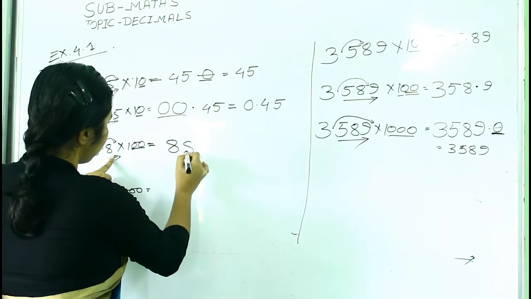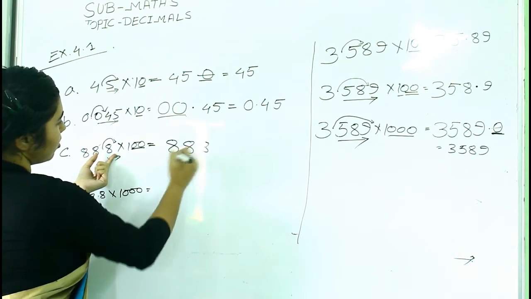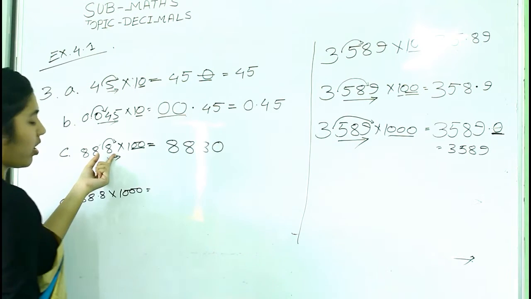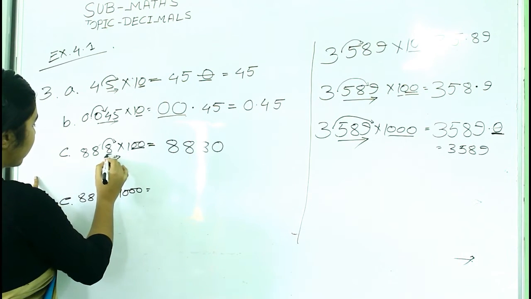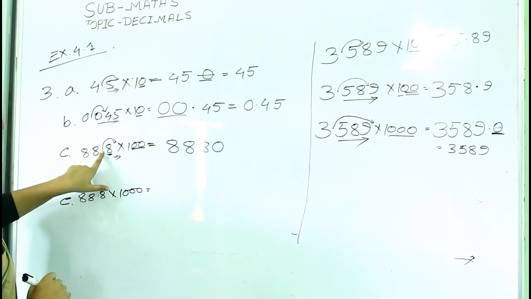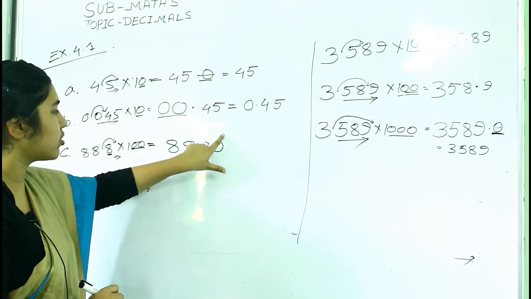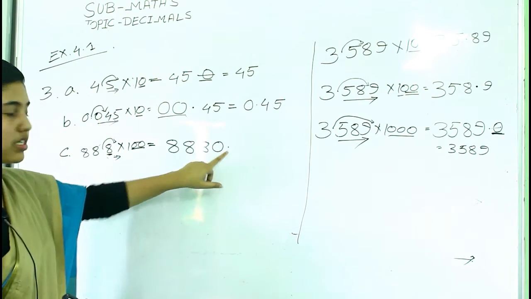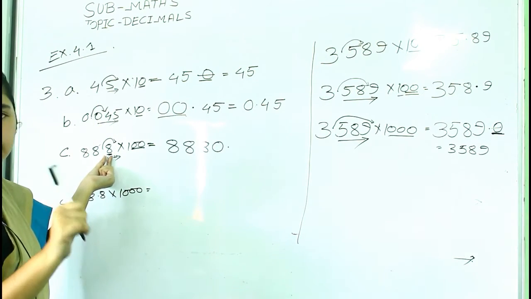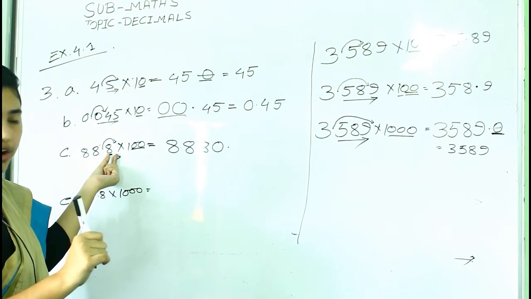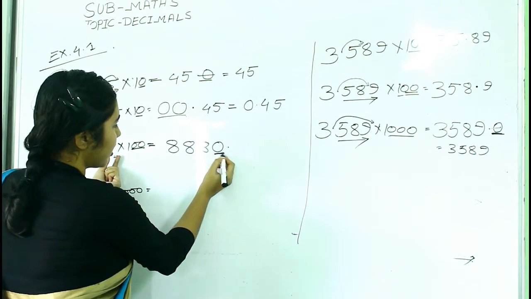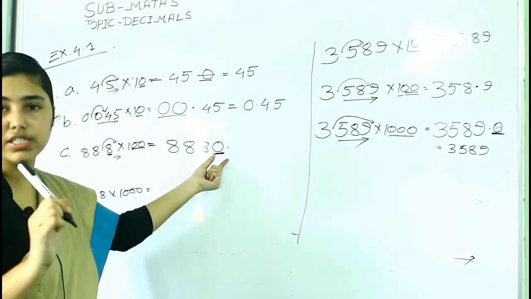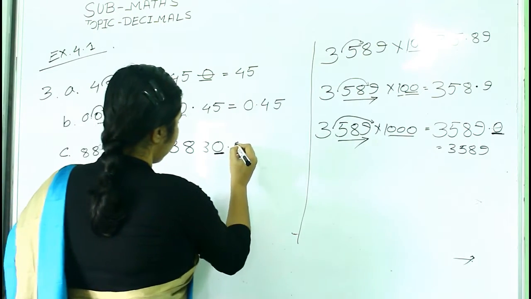That's why we have to take 1 extra 0. Why? Because we have to shift this point after 2 decimal places. But here we have only 1 digit after this decimal point. That's why we are considering 1 extra 0. Okay?